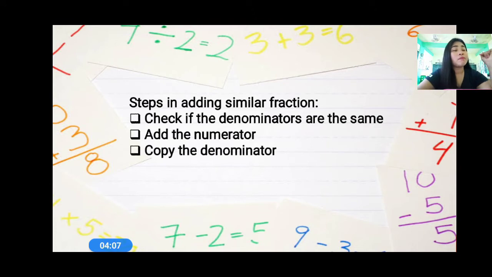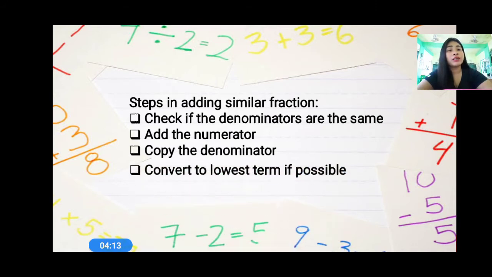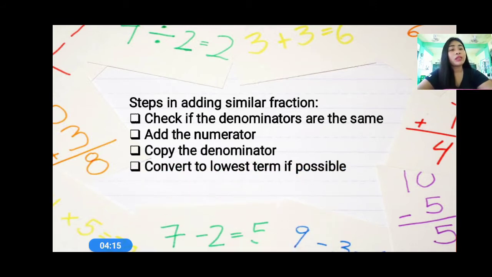And then just copy the denominator 5. So the answer is 3/5. Do you understand? And then convert to lowest term if possible. If the fraction can be converted to lowest term, you have to convert it. Do you understand me?